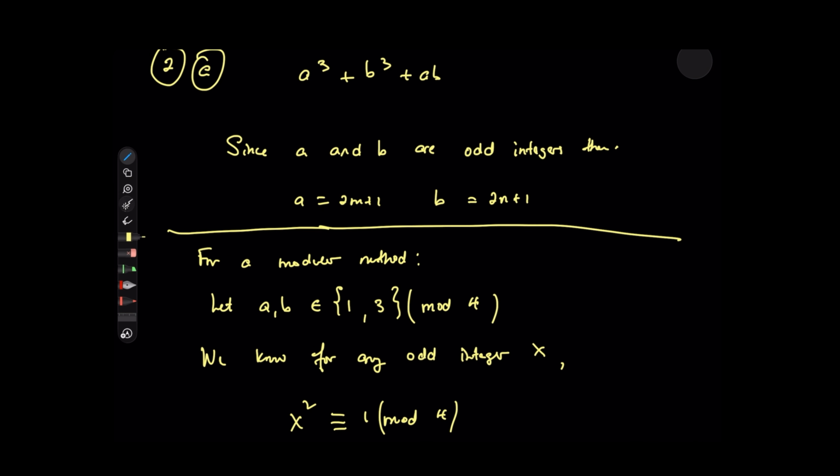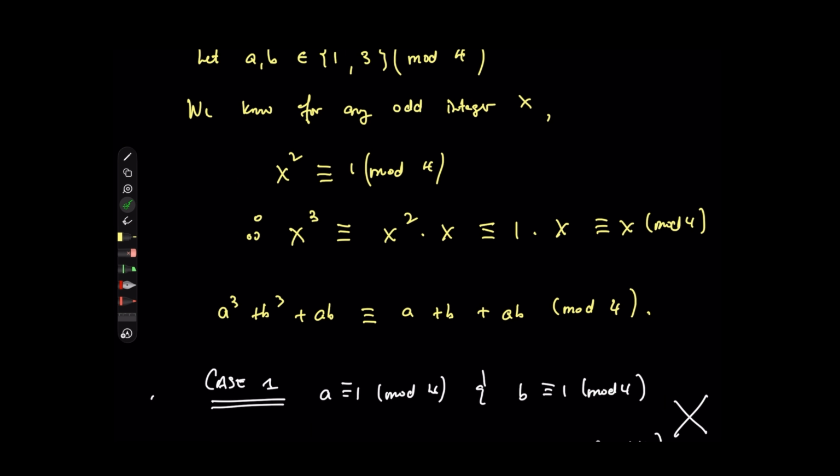Or you could have used this here and directly substituted into this, but you would have to cube each one and then add a multiplied by b and then factorize and then show that this could never be divisible by 4, which is quite long. So I'm just trying to do it the fastest possible way.